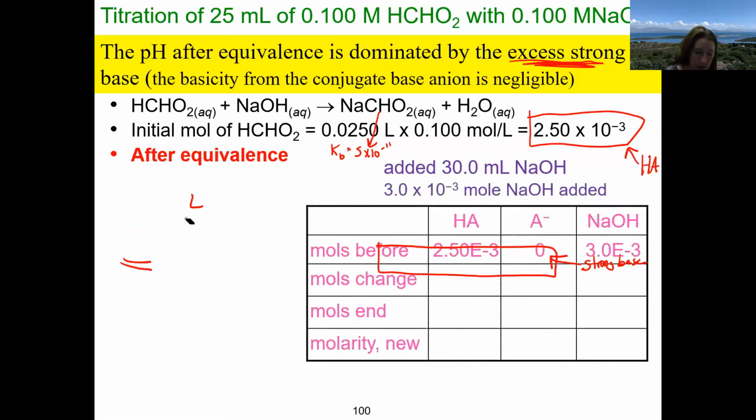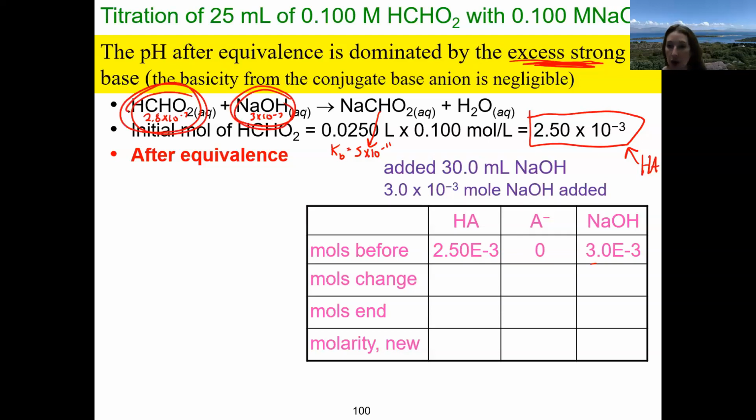Okay, so we've got our moles. Now we're going to do the moles table. For our moles table, we have 30 milliliters of our NaOH, or 3 times 10 to the negative 3 moles, and we have 2.5 times 10 to the negative 3 moles of the acid. You can see we've got more of the base, so we're going to use all of the acid. It can't go down by more than this amount because it all gets used up.